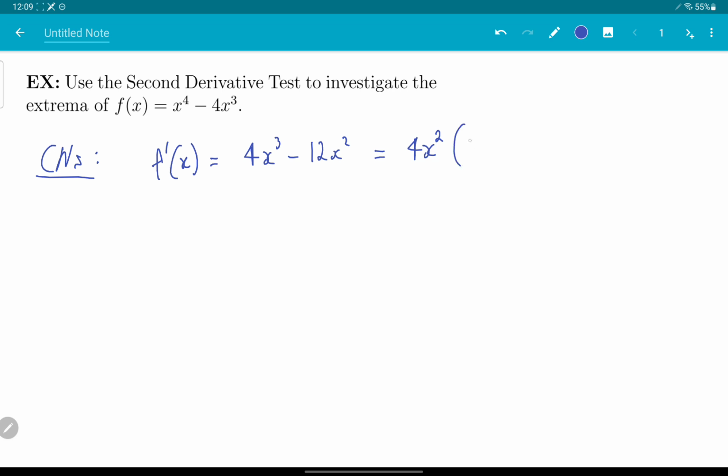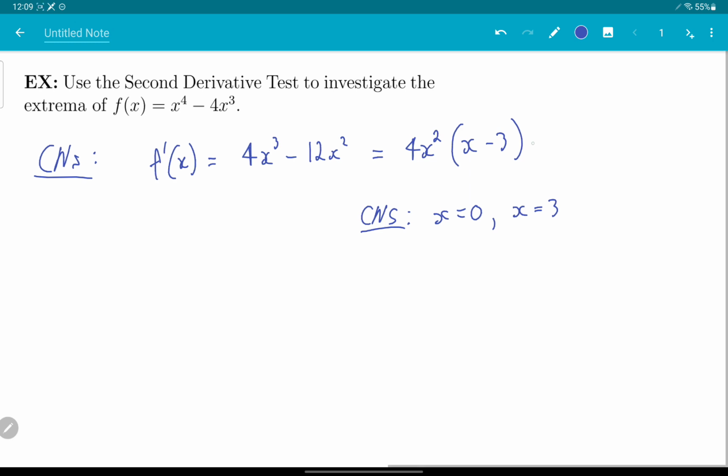What do you get? X minus 3. So my CNs are x equals 0, coming from here, and x equals 3, coming from here. Because again, to find the critical numbers, we set that equal to 0.